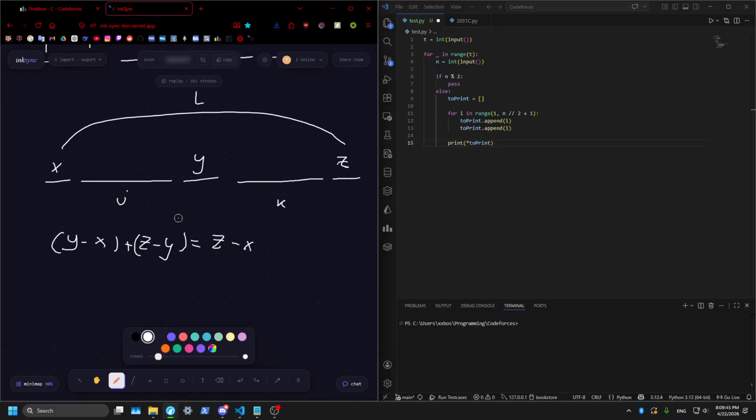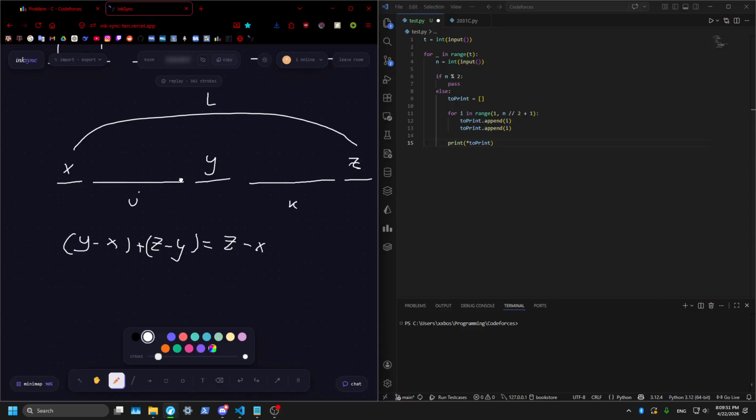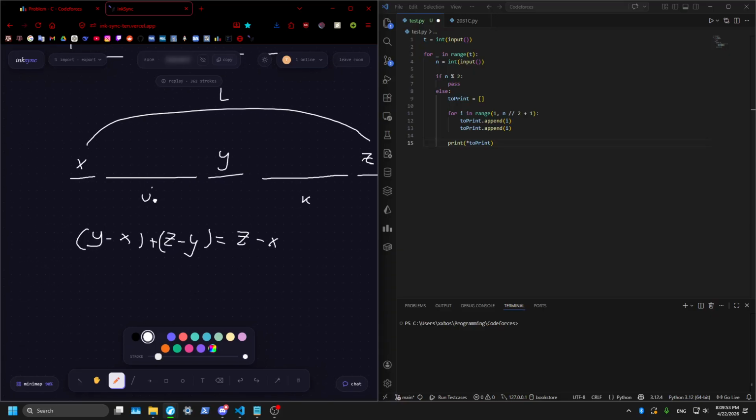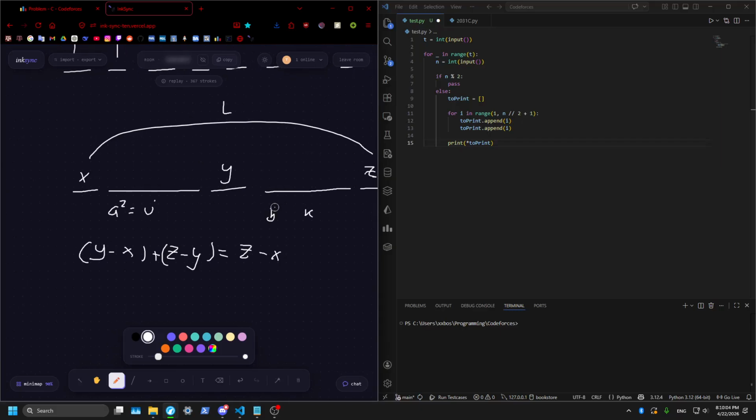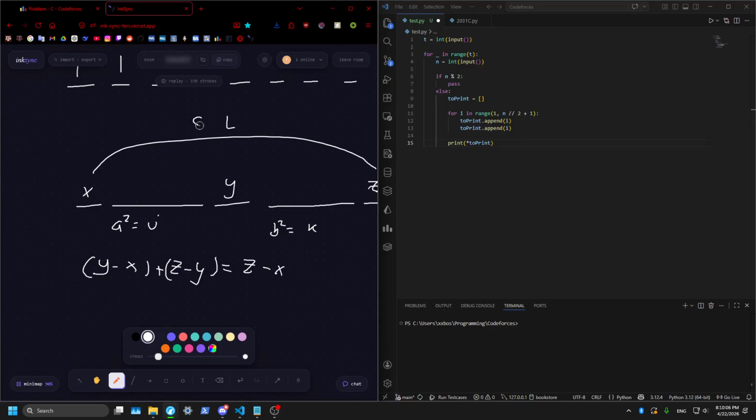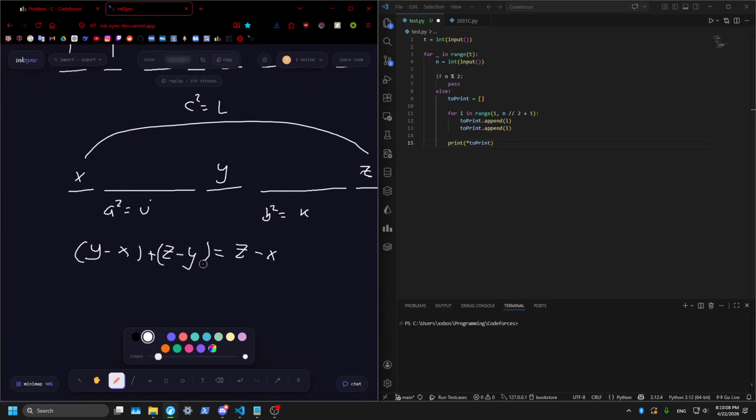Now, if we were to just plug in these variables, to make it easier to see where I'm going, since we know j, k, and l are all perfect squares, let's just call this a squared equals j, b squared equals k, and c squared equals l, right?